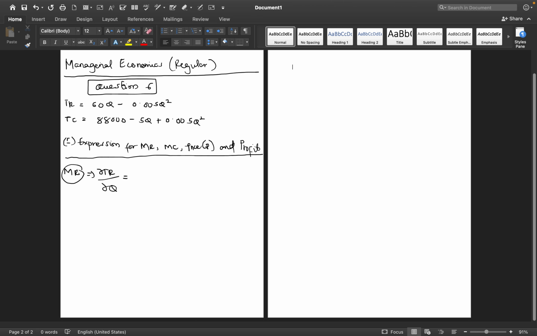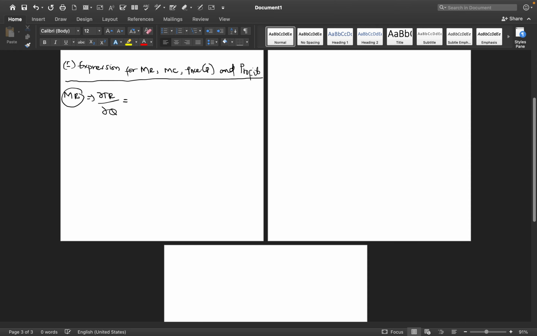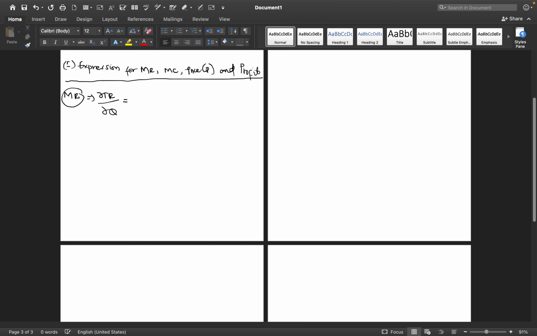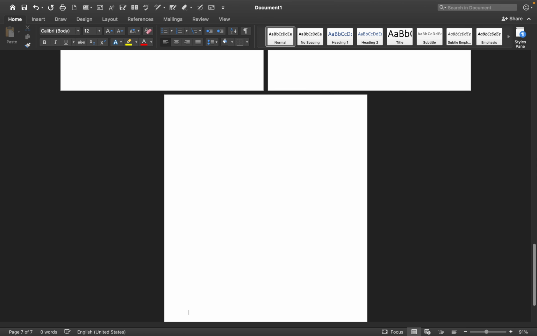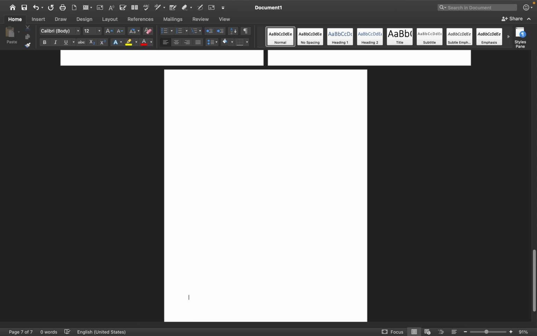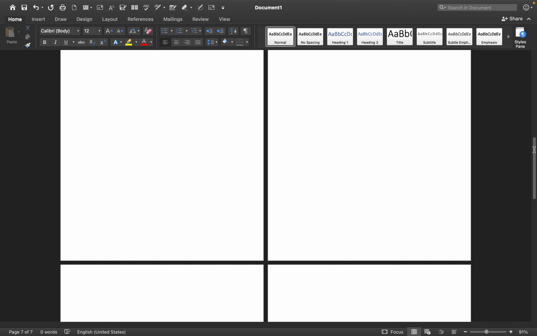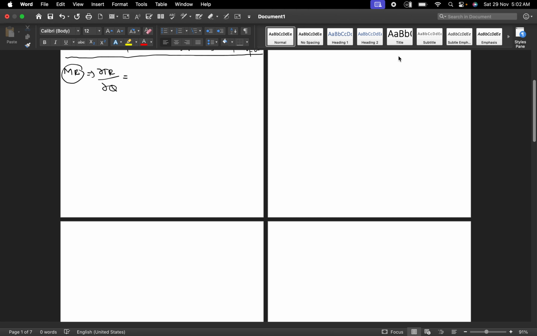I'm trying to add more sheets to it so that we can continue. So now, let me go back. Sorry about that, I was just trying to add more slides to it.